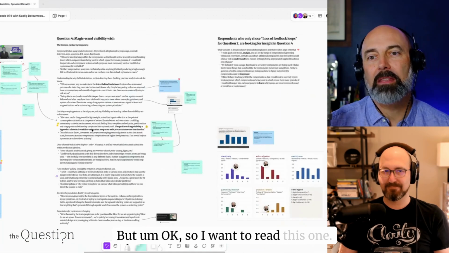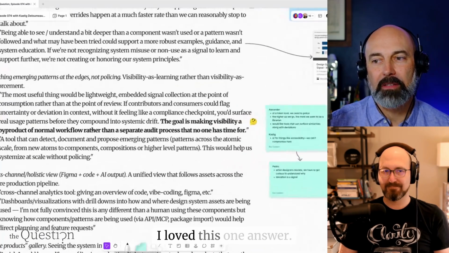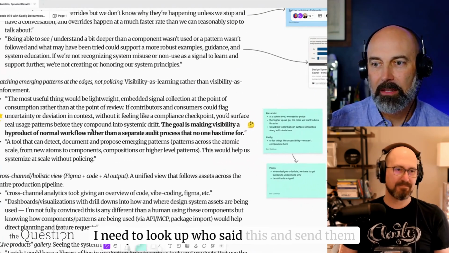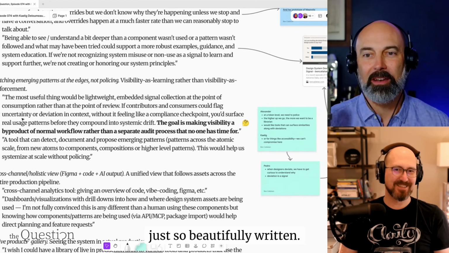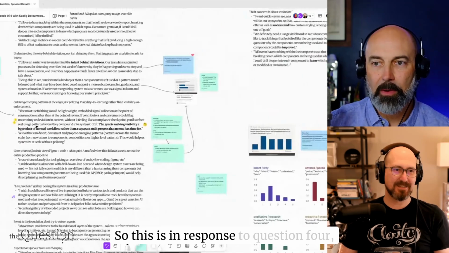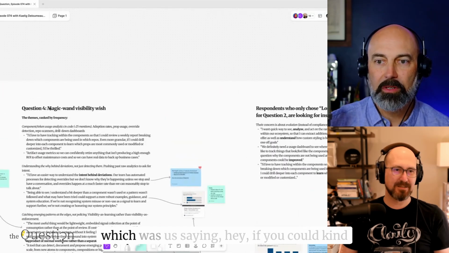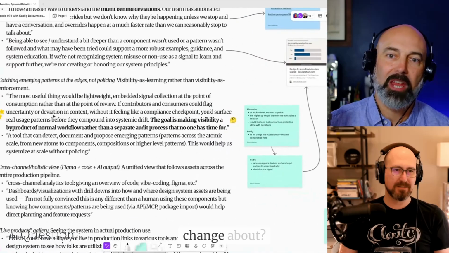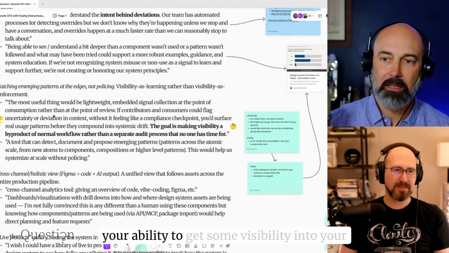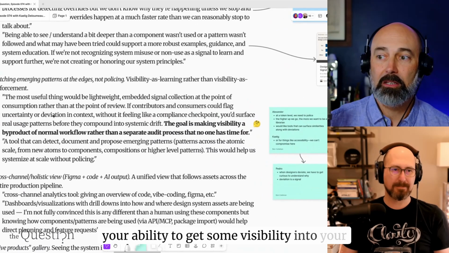Okay, so I want to read this one. I loved this one answer. I need to look up who said this and send them a thank you card, because I thought this was so beautifully written. This is in response to question 4, where we asked, if you could wave your magic wand, what would you change about your ability to get some visibility into your system?